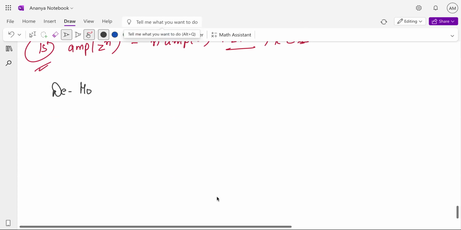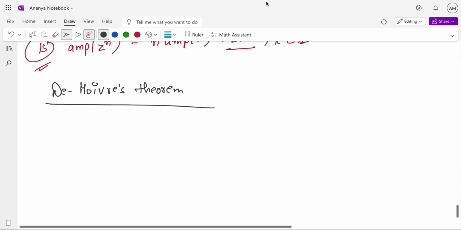De Moivre's theorem. What it does say is actually a very simple statement.